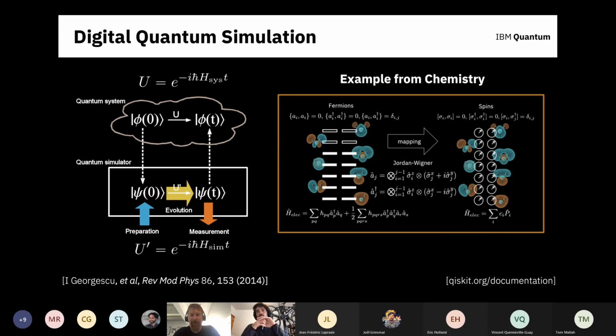But it essentially involves taking the operators that describe fermions and mapping them to a system that describes spins or qubits. So instead of a fermionic Hamiltonian you might have from chemistry, you get a superposition of Pauli strings, where these Pauli strings are strings of the Pauli matrices used for measurement or for evolution.